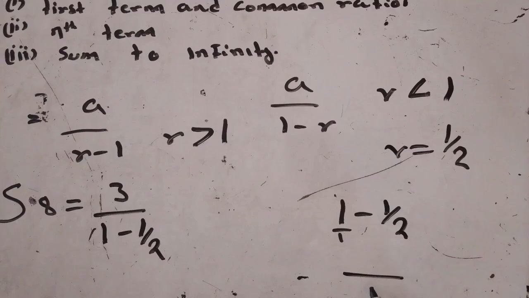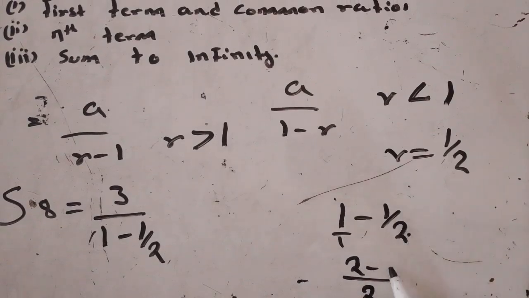So 2 multiplied by 1 is 2, minus 1 multiplied by 1 is 1. So 2 minus 1, we're going to have 1 over 2, hence 0.5. Since this is paper 2, you can just use a calculator. You can just do 1 minus 0.5, it will give you 0.5.